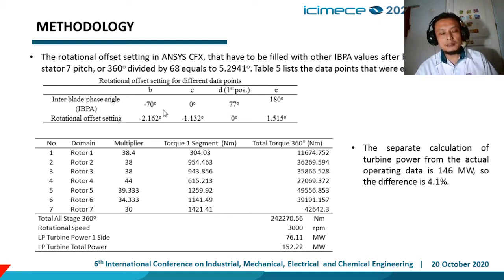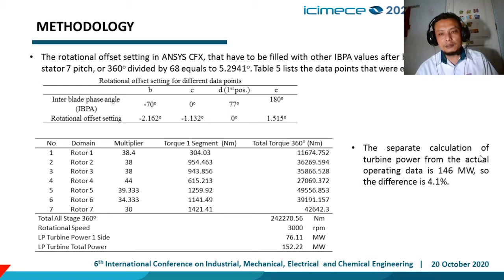IBPA is minus 70 degrees, 0, 77, and 180 degrees. So the rotational offset setting is minus 2.16, minus 1.13, 0, and 1.51.